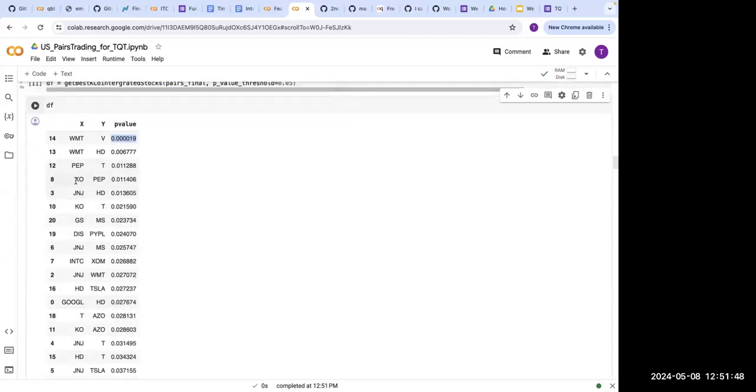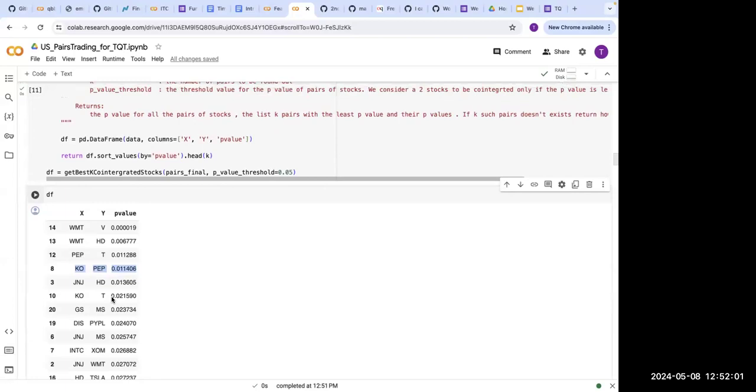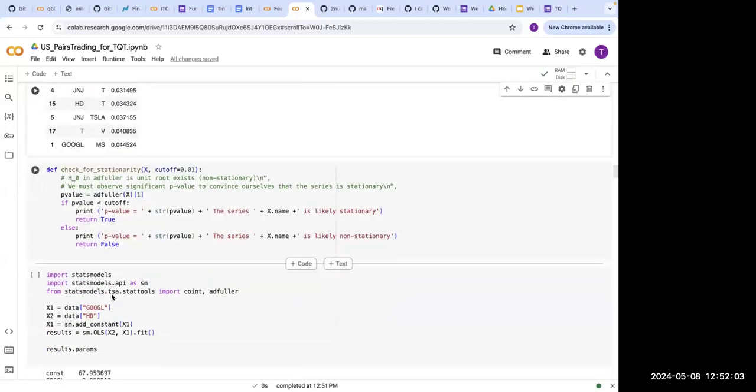So you can see Coca-Cola and Pepsi are, of course, in the list. That means they are indeed correlated or co-integrated. And then there are others as well. Now, this can also be a by-chance thing, that they are co-integrated but might not have the same product.